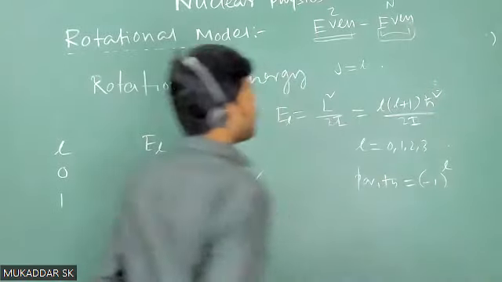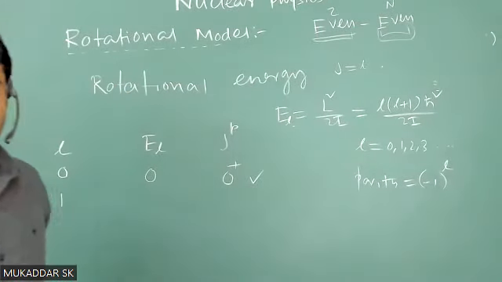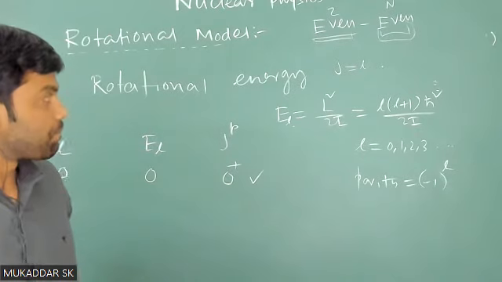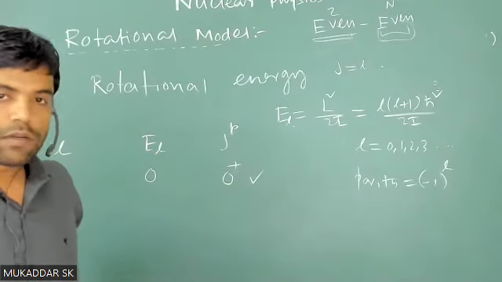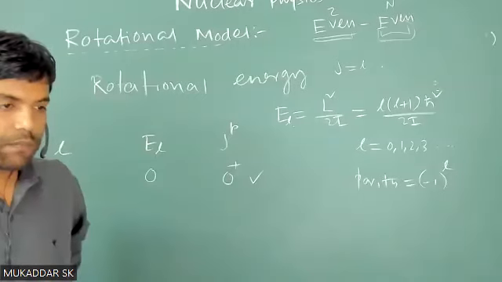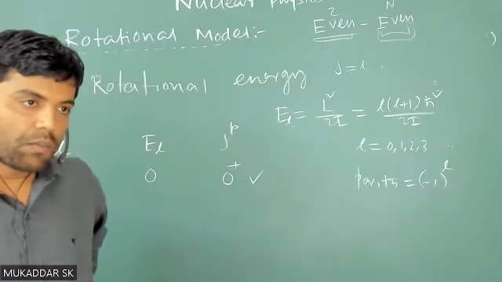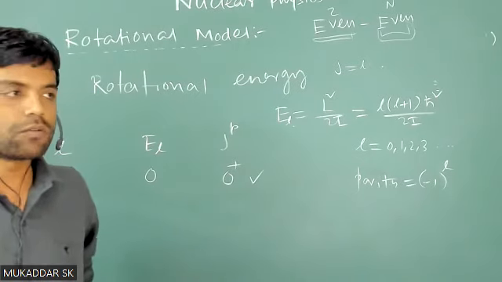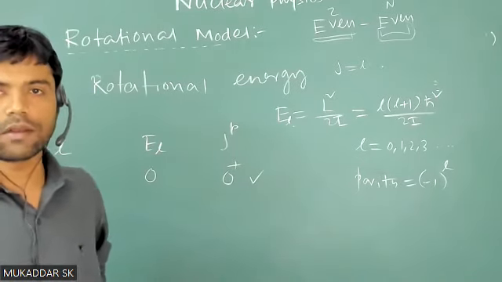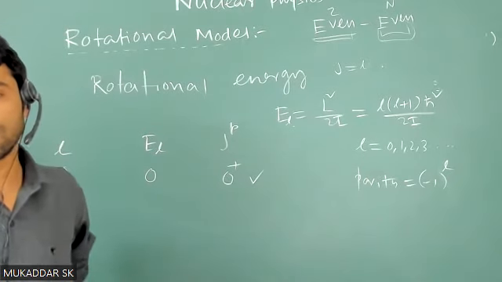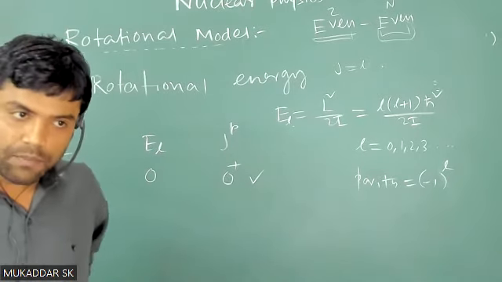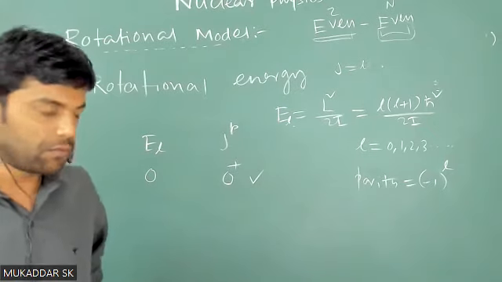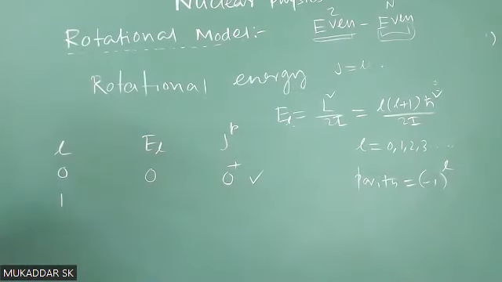So for paired, what should the value of S be? It should be 0. If you have a paired combination, then the net S will be 0, according to Hund's rule. Please go through Hund's rule, which you learn in atomic physics. When paired, there will be net spin 0. So that's why S is 0, so J will be equal to L here.